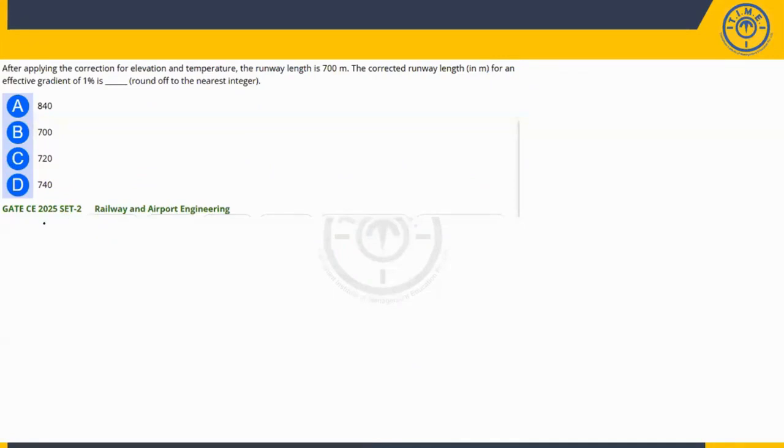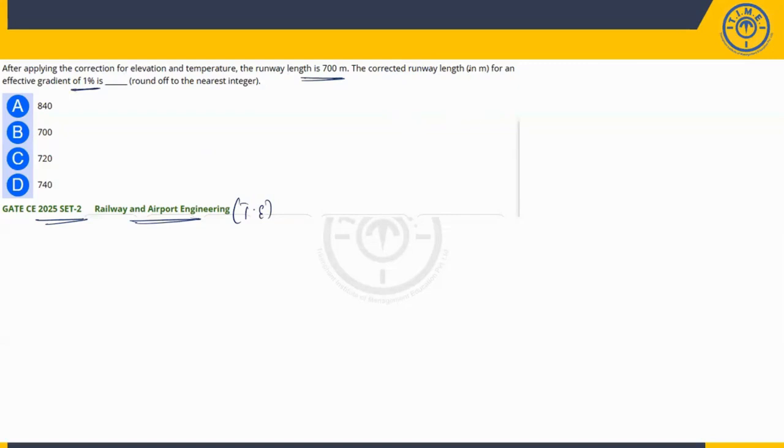Next question, also from GATE 2025 set 2, transportation engineering, railway and airport engineering, which is also a part of transportation engineering we have discussed. After applying the correction for elevation and temperature, the runway length is 700 meter. The corrected runway length for an effective gradient of 1% is dash meter.